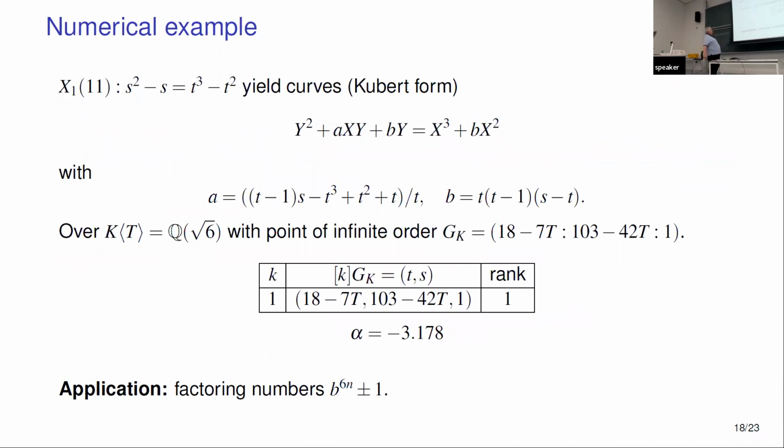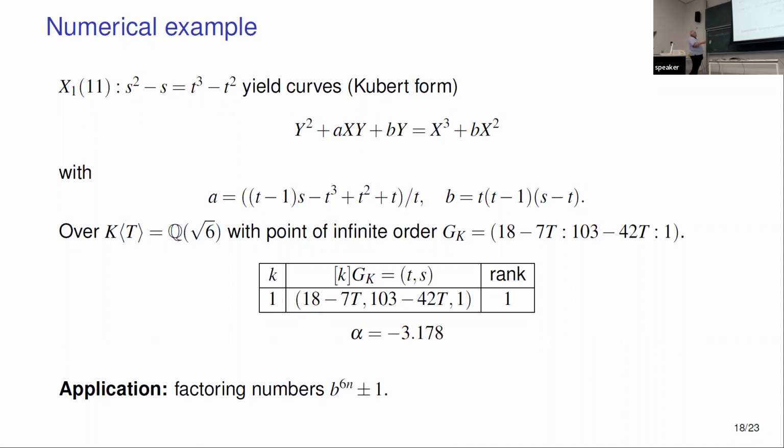So for example, take X1(11), that's this equation, and from this you can build elliptic curves having 11-torsion points with these formulas here. You need formulas to go from X1 to the actual curve having this torsion point.